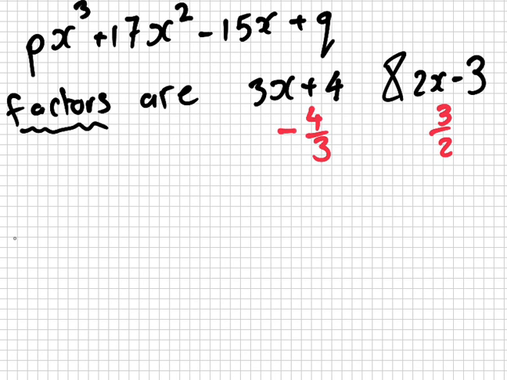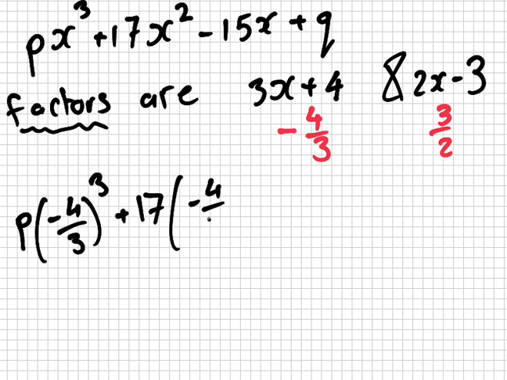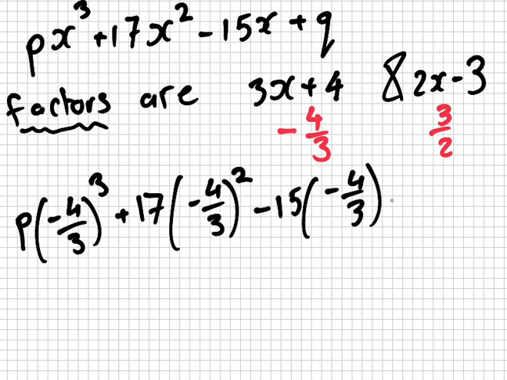Okay, so the first one: p times minus 4 over 3 cubed plus 17 times minus 4 over 3 squared minus 15 times minus 4 over 3 plus q should equal, what should it equal here? 0.